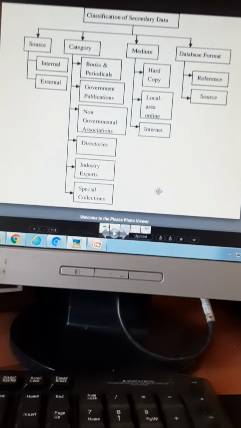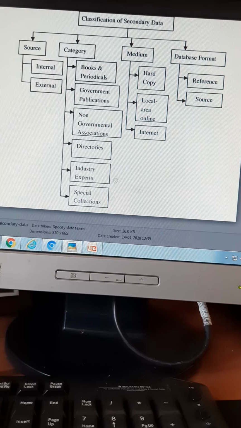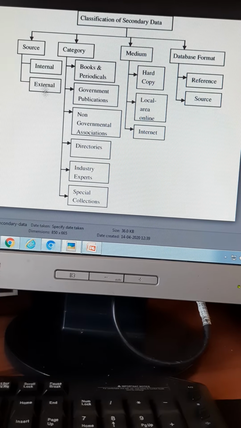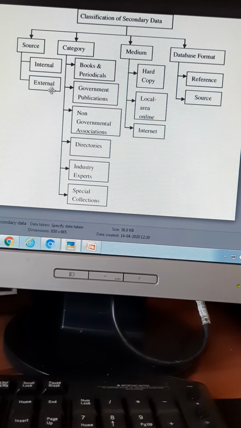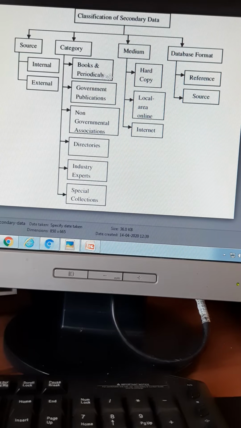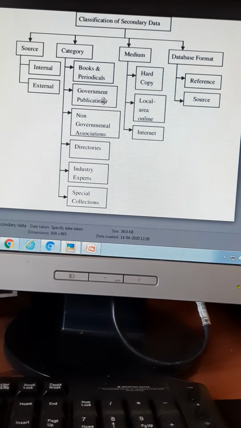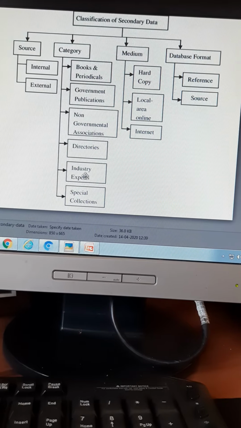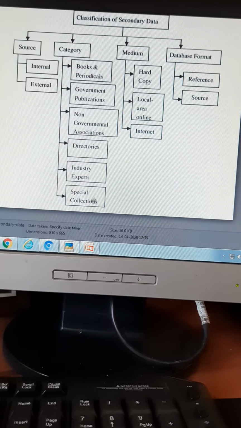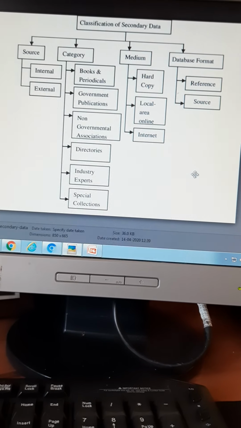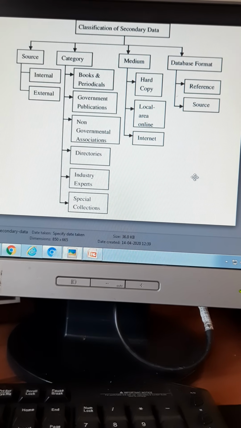So if you look at the secondary data classification, internet again is divided into: source, internet, external data. Okay, category: books and periodicals, government publication, non-government association, directories, industrial expert, special collections. It is like the next level of that particular flowchart we just saw now.